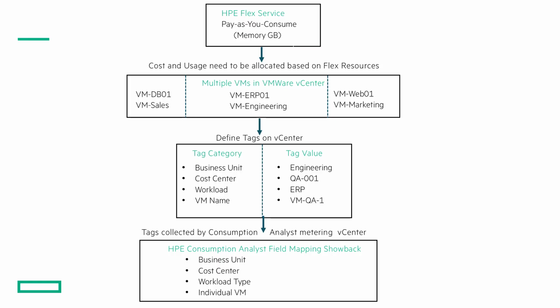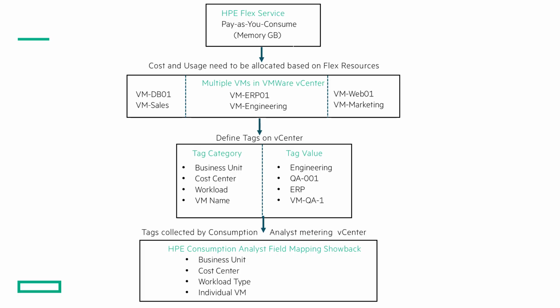In this scenario, the customer is using HPE Flex services where billing is based on VM memory consumption. To accurately show back these costs, we need to know which business unit, cost center, or workload each VM belongs to. We do this by applying standardized VMware vCenter tags to every VM, such as business unit, cost center, workload, and VM name.